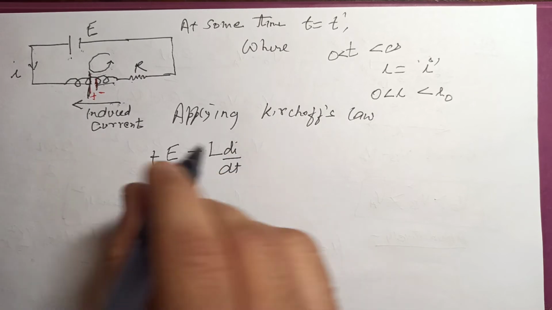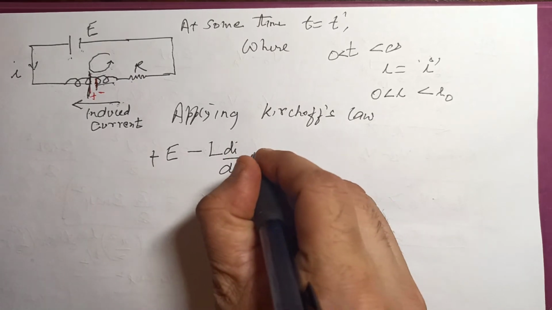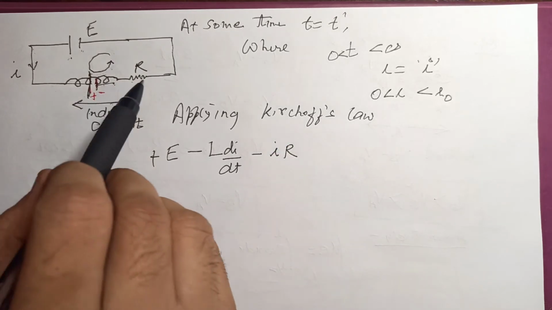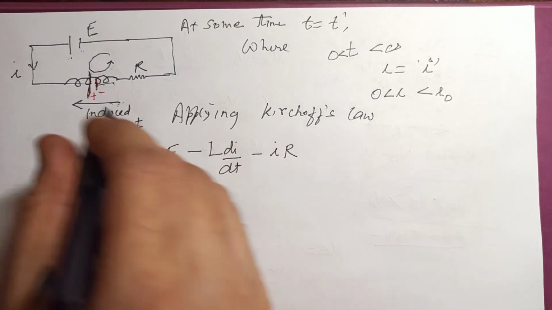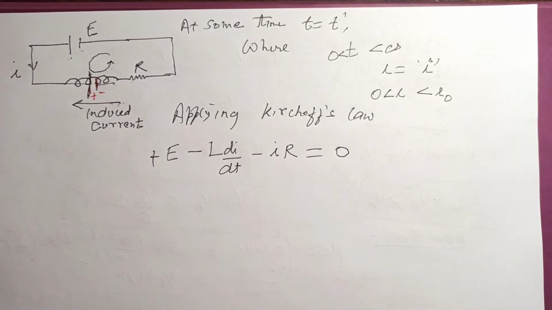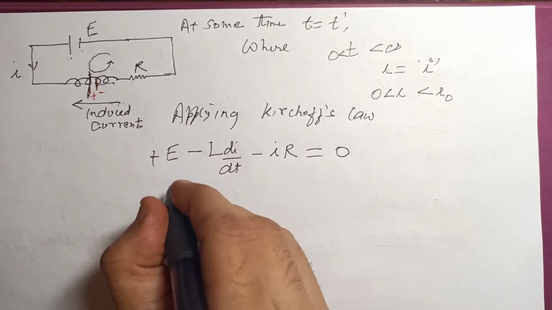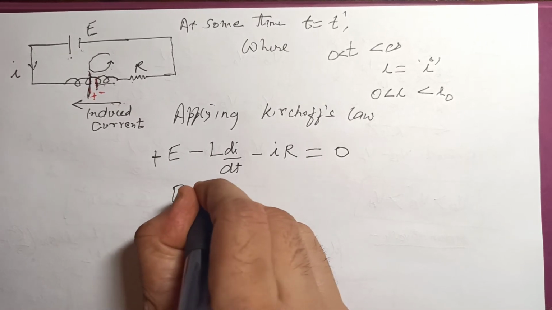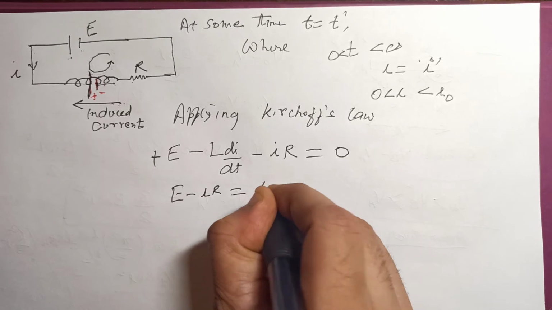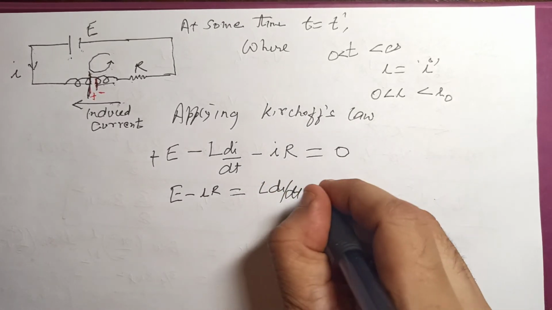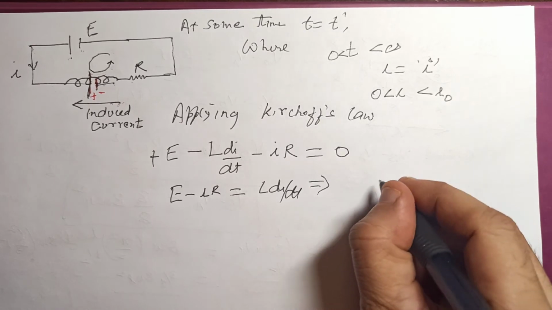So as per Kirchhoff's law, it will be minus IR, okay, and then again it goes back. So it is a closed loop. So net EMF would be 0, okay, or I can say E minus IR is equal to L di by dt.